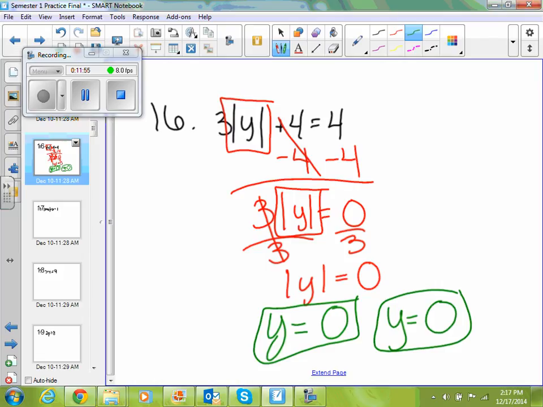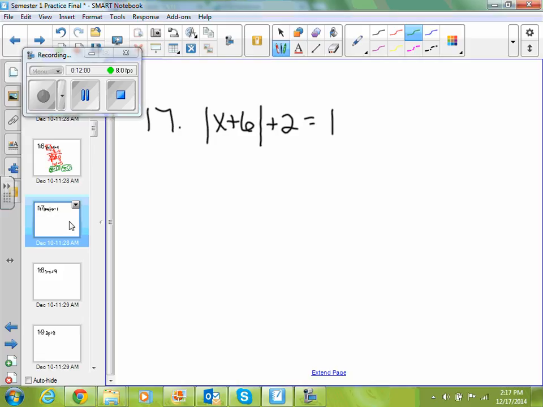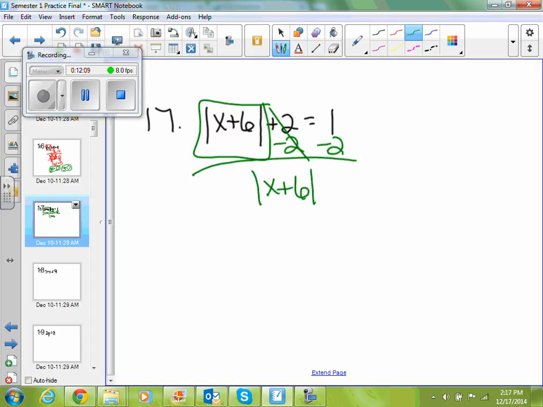Okay, so are we good on 16? Yes. Alright, 17. Very good. We subtract 2 because we're trying to get our absolute value by itself. So absolute value of x plus 6 equals 1 minus 2 is negative 1 is my absolute value by itself. Okay, so I can break it into my 2 solutions. Kyan, what's my first solution? Niles, what's my second solution?